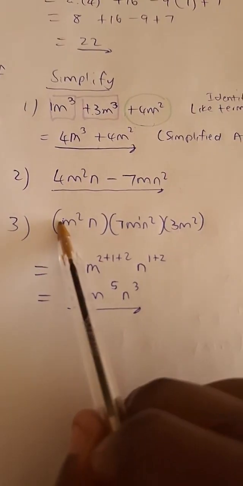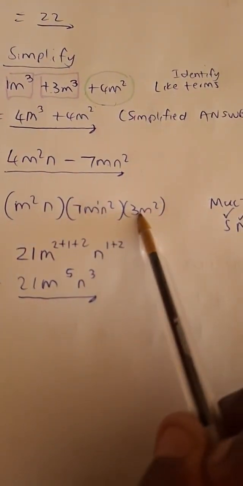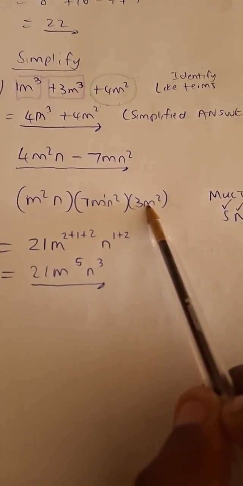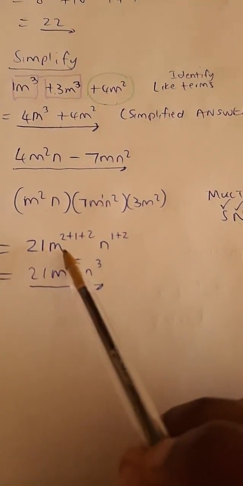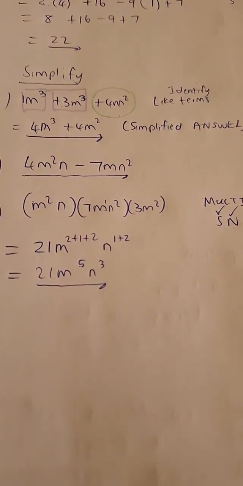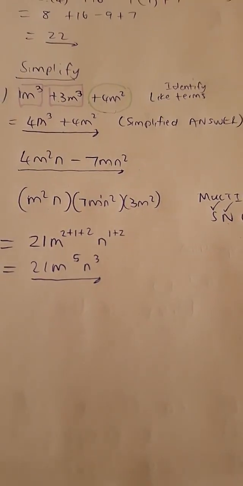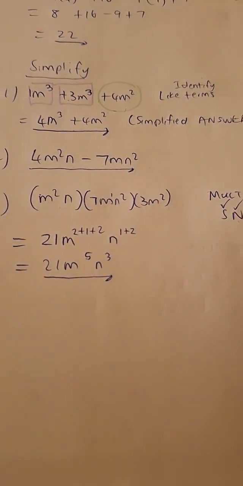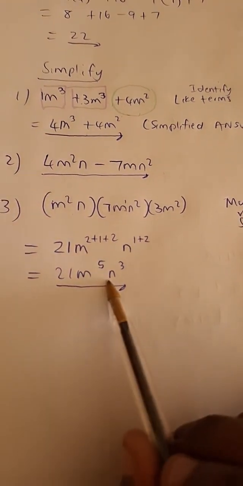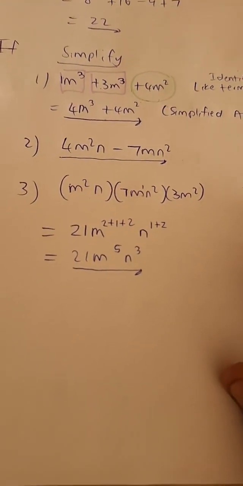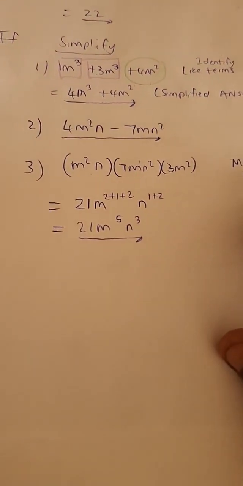You multiply the number coefficients of the 3 monomials, tick. You multiply the letters of the 3 monomials. Remember, when you are multiplying the letters or the variables, you keep the base and you add the exponents. So that's very important. Final answer is 21m to the power 5, n to the power 3. Very key.